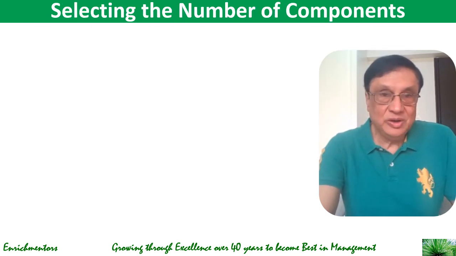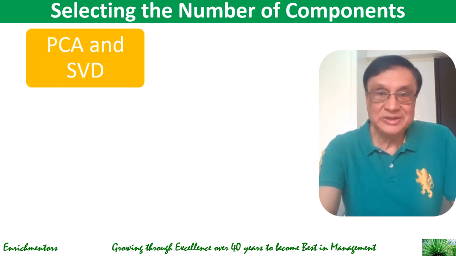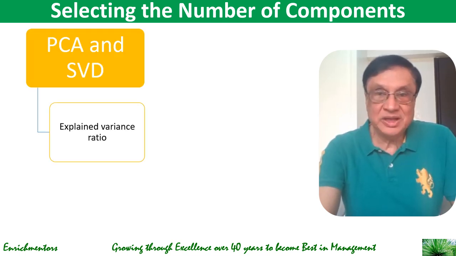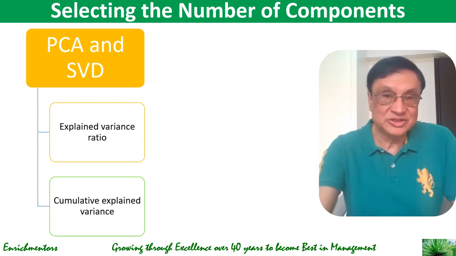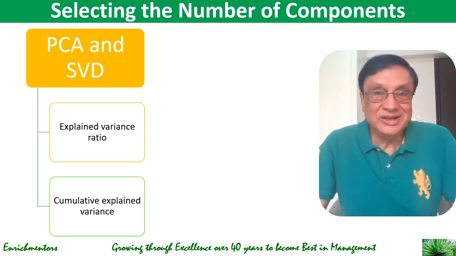For selecting the number of components, you can use PCA and SVD based on the explained variance ratio and cumulative explained variance. Basically, you look at what percentage of the variance in your data is being explained by the factors or variables that you have selected.